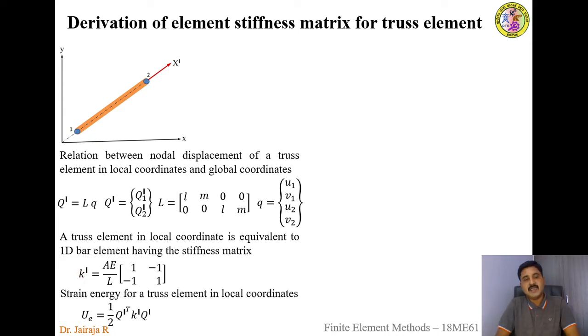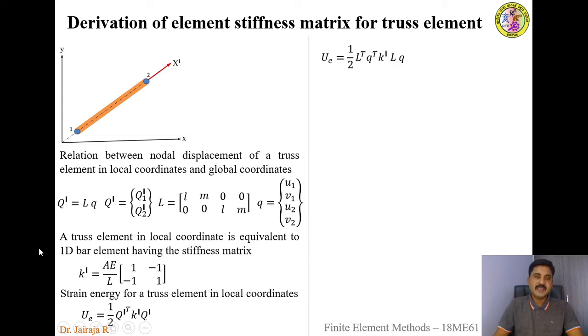And we know that the strain energy for the truss element in local coordinates is Ue is equal to half of q dash transpose K dash q dash. And we know q dash is L into q. So this Ue becomes half of L transpose q transpose K dash capital L and small q.